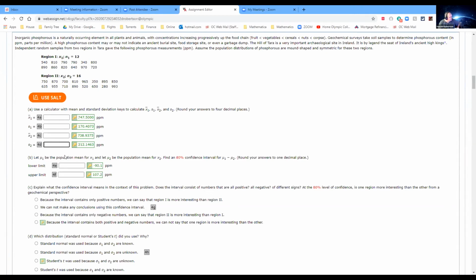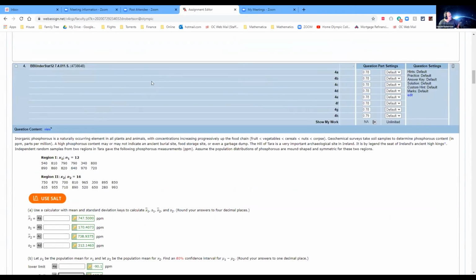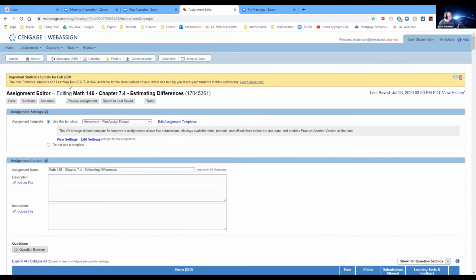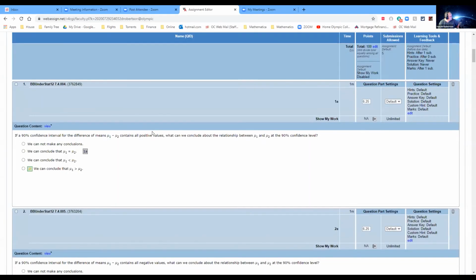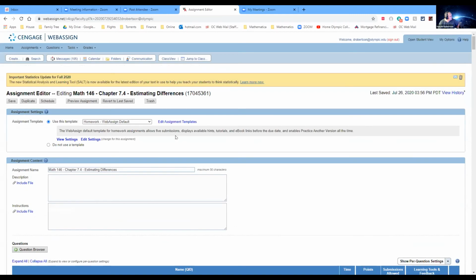So use your calculator and find the interval, and then underneath the interval, remember it had x1 bar, x2 bar, s1x, s2x. That's what these 4 are. And I'm going to get rid of those answers because they're distracting me. Why can't I get rid of the answers?